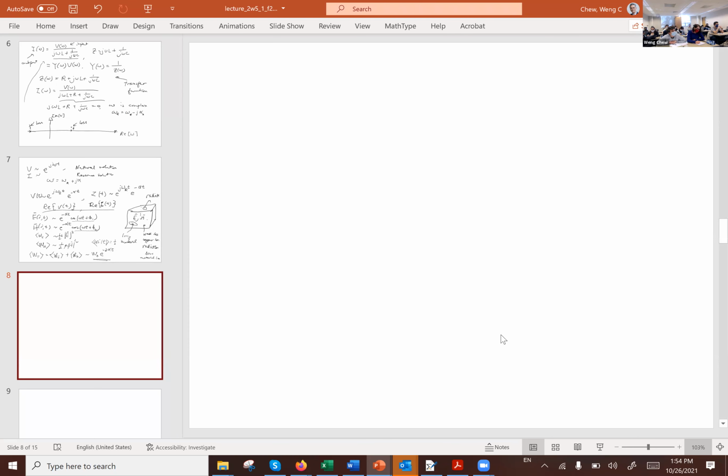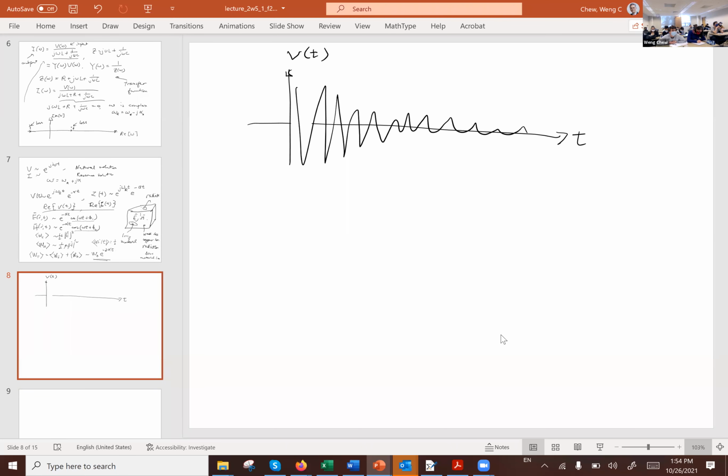So, what is the Q of a system? The Q of the system, roughly speaking, is that if you were to look at the field itself, or maybe the voltage, that quantity will oscillate and become exponentially decaying.